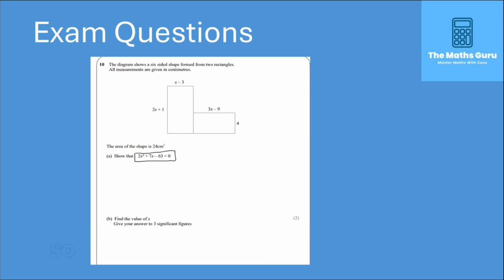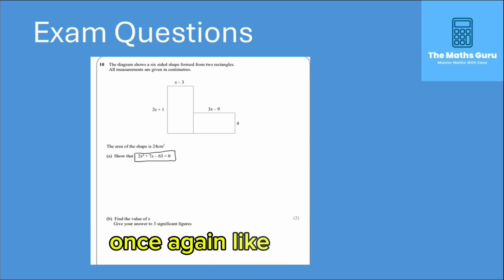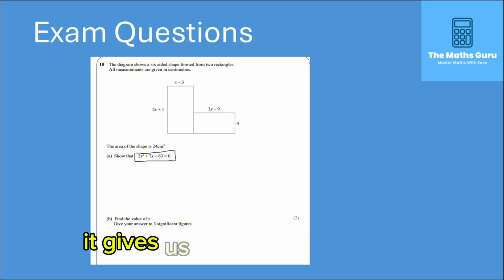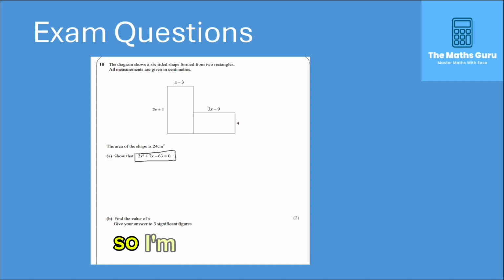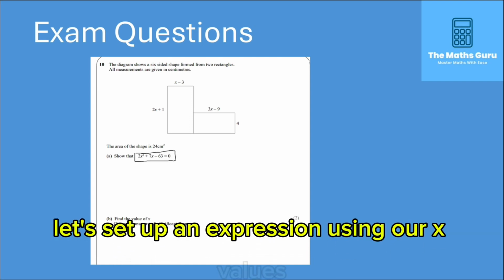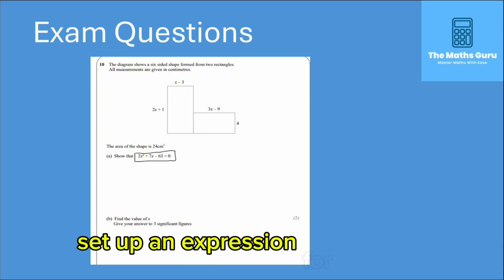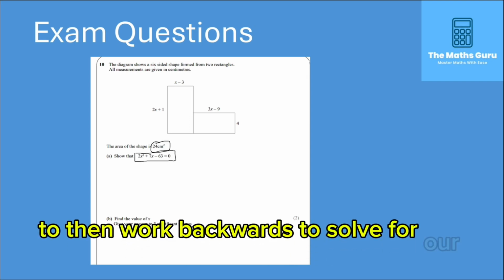So we must be thinking outside of the question, and once again, like I like to say, it gives us the area of the shape, and we have all the dimensions we need to work out the area. So I'm thinking in my head, let's set up an expression using our x values for our area, equating it to the area of 24 which they give, to then work backwards to solve for our x.